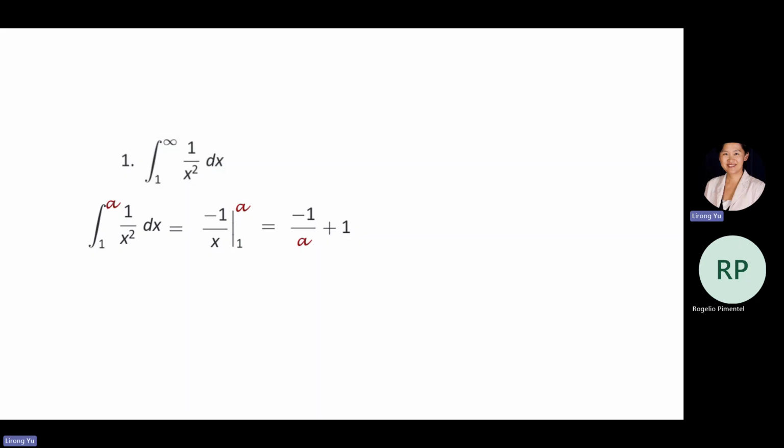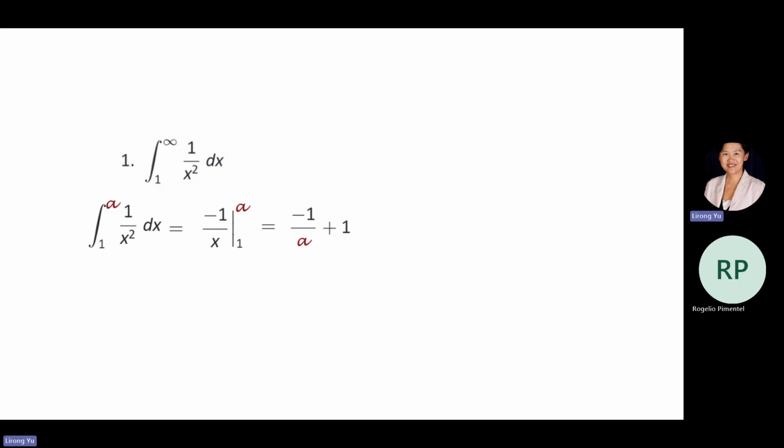So -1 over x. That's integrated. Any question? The process can be reversed. You can take -1 over x and find the derivative of it, following the quotient rule, where you have the denominator squared.